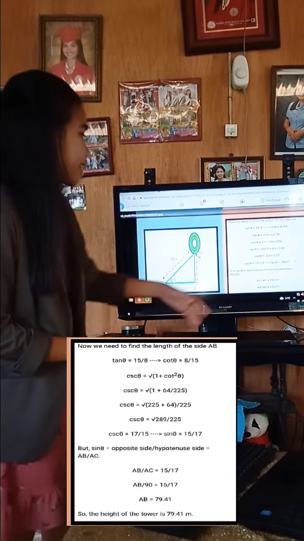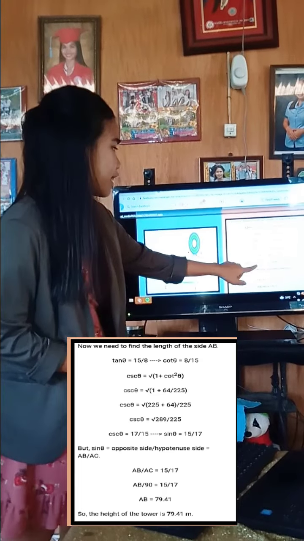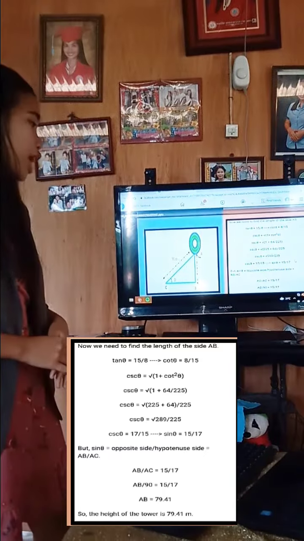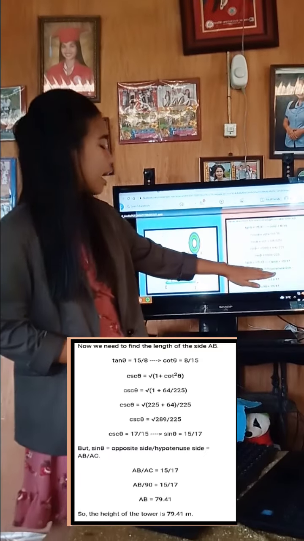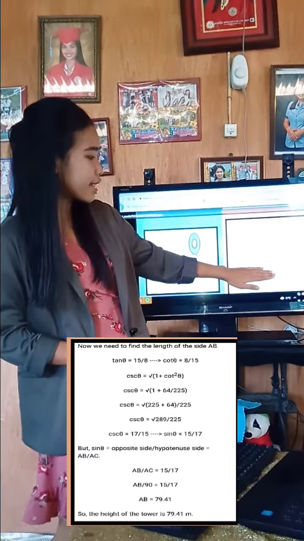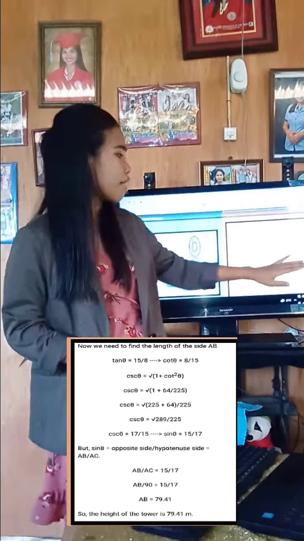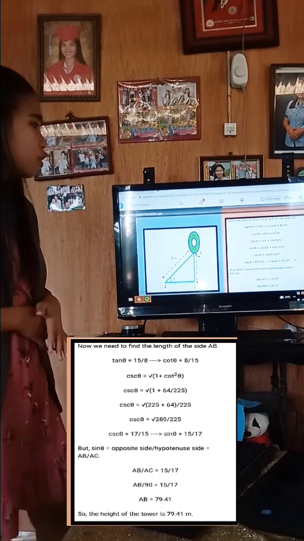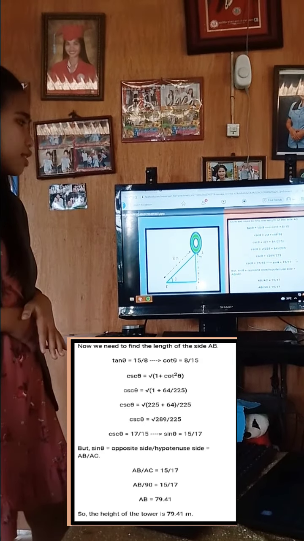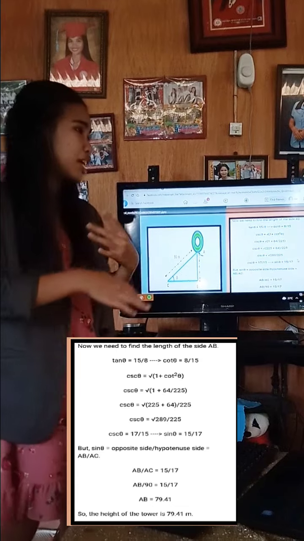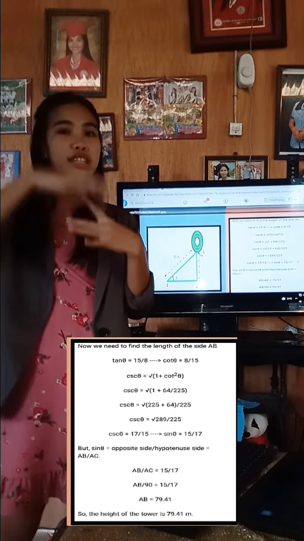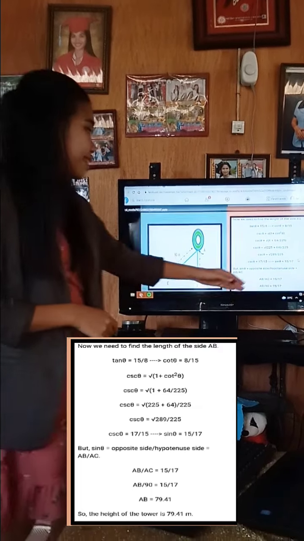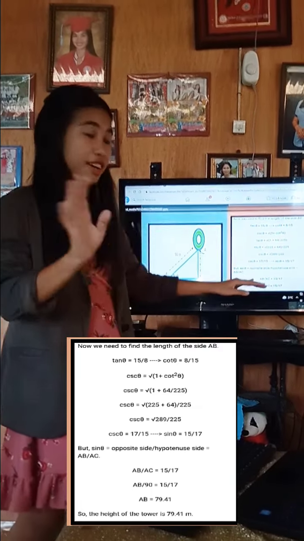So the cosecant theta is equal to 17 all over 15. That is the value of our cosecant theta, and the sine theta is 15 all over 17. So we are exchanging the numerator and the denominator.